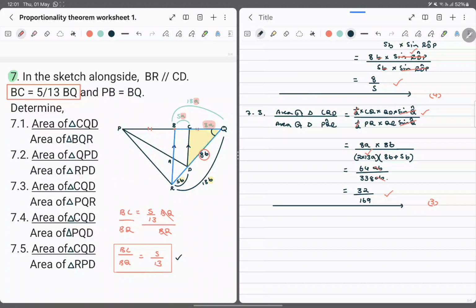And we know this side, we know that side. So everything is good. So we can jump straight in. We can say area of triangle CQD divided by area of triangle PQD.